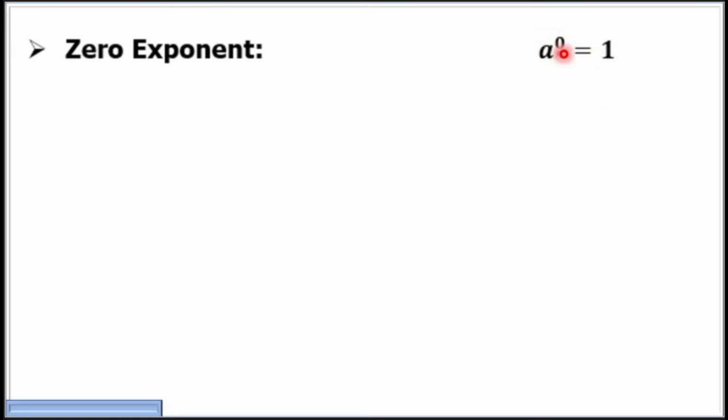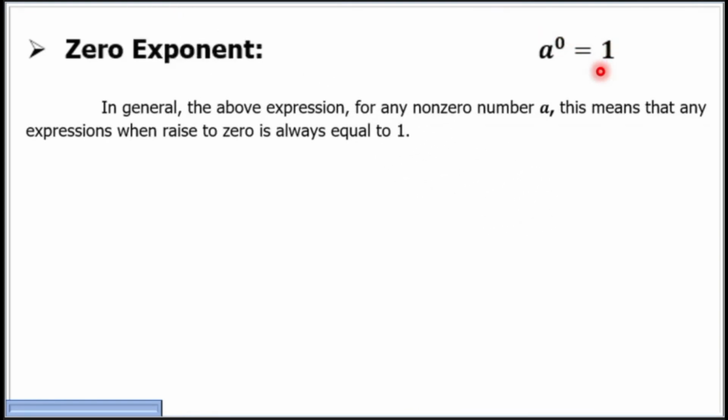So remember, kung 0 ang exponent, the answer is always 1. Again, if the exponent is 0, the answer is always 1. So in general, the above expression for any non-zero number a, this means that any expression when raised to 0 is always equal to 1.